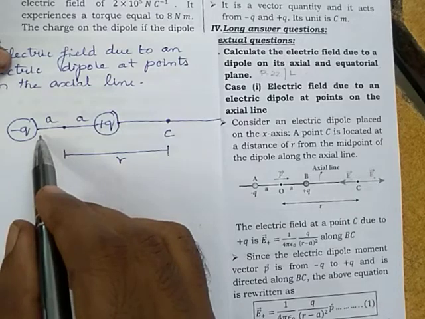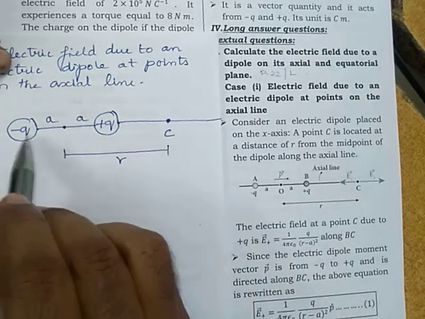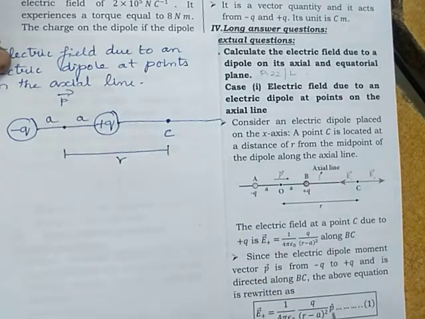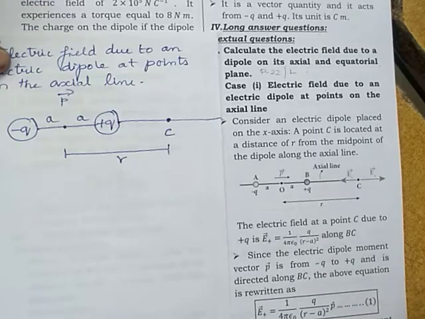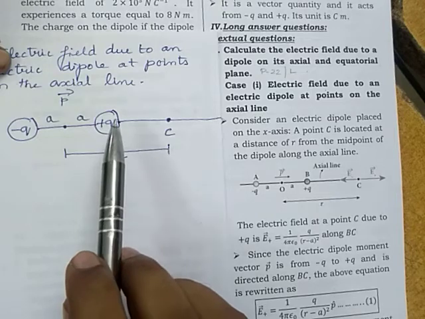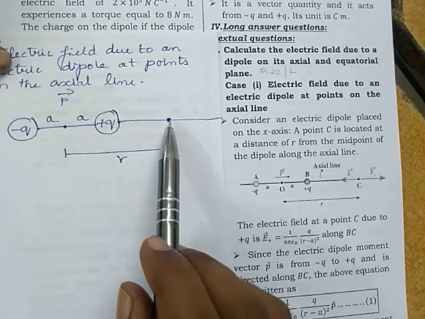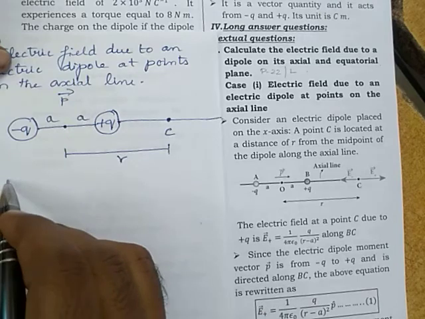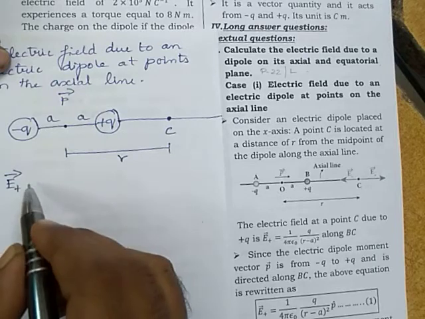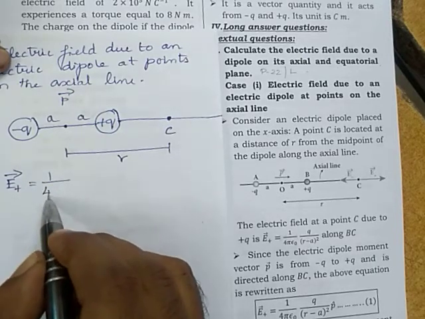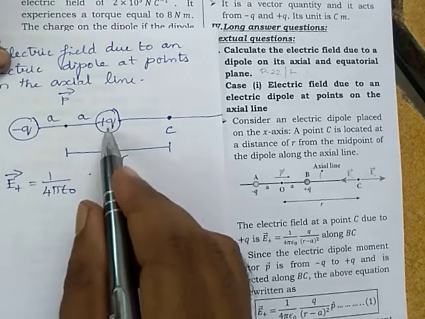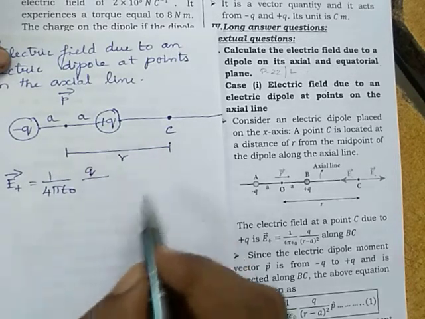Then we know the direction of the dipole moment is from negative to positive. This is the p vector. First of all we have to find the electric field at point C due to the charge plus q, because plus q is nearer to the point C. The electric field due to plus q, that is E plus vector, is equal to 1 by 4 pi epsilon naught times q divided by the distance squared.